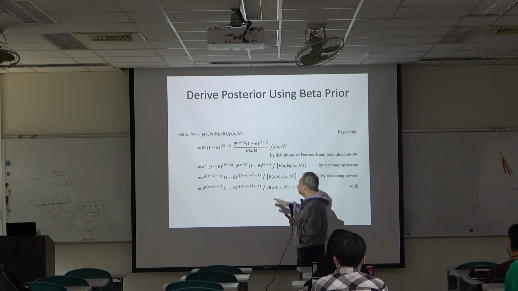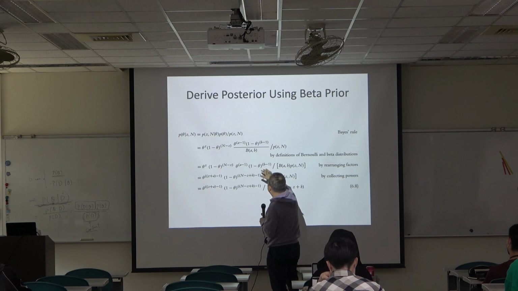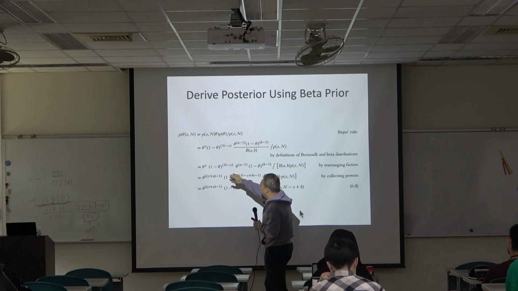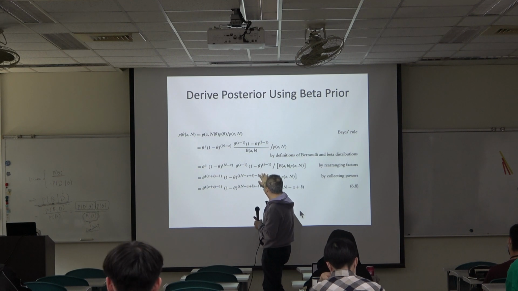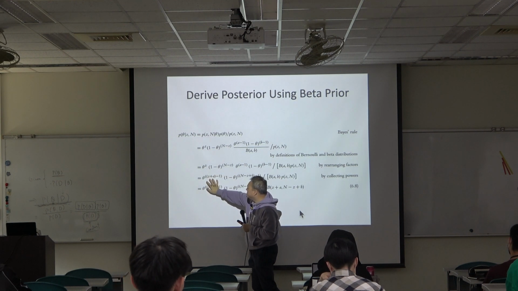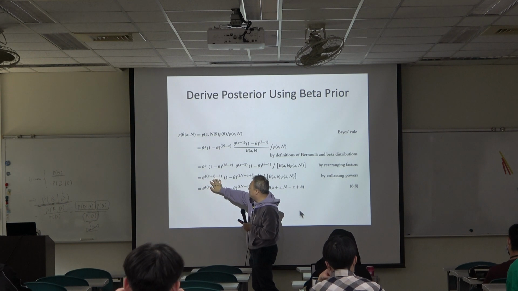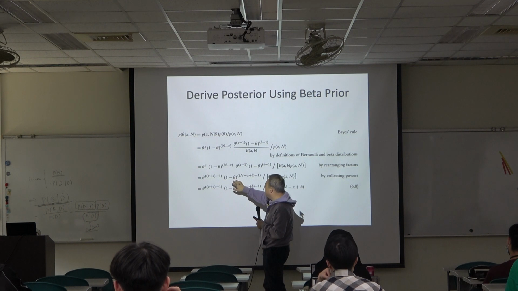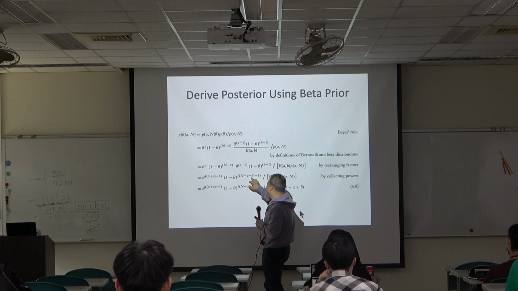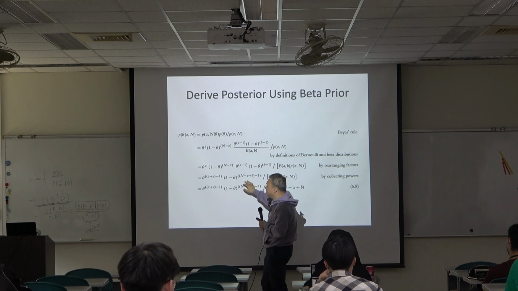So we can rearrange them to become something like this: theta to the power of z plus a minus 1, times 1 minus theta to the power of n minus z plus b minus 1.